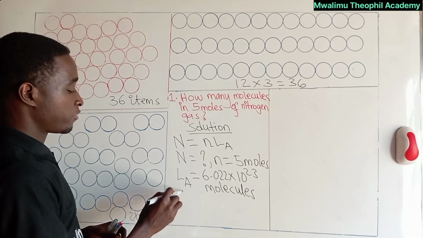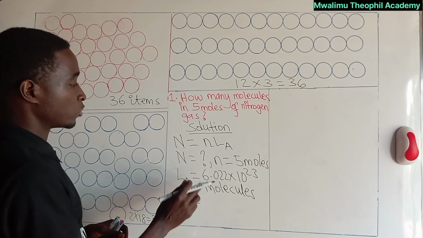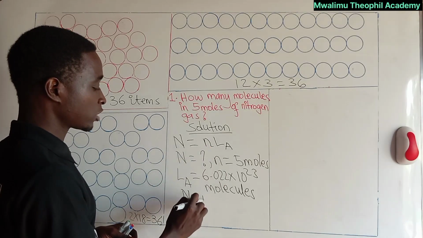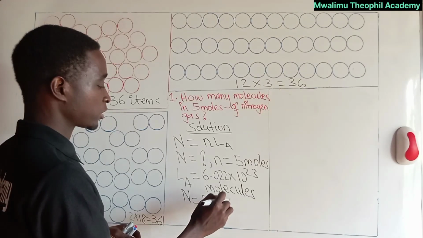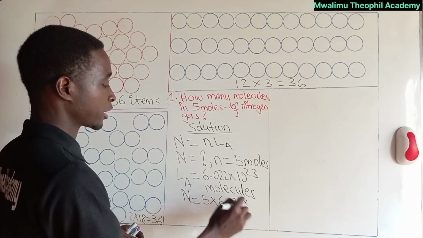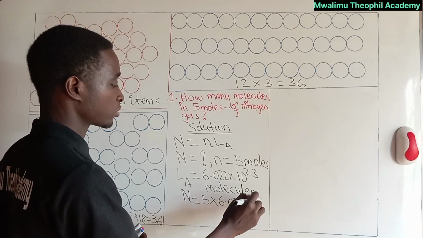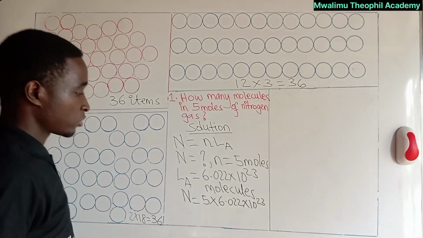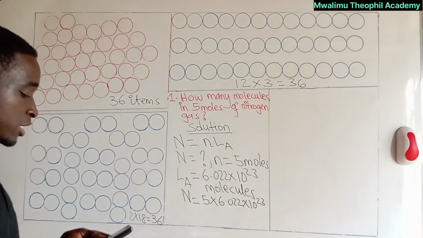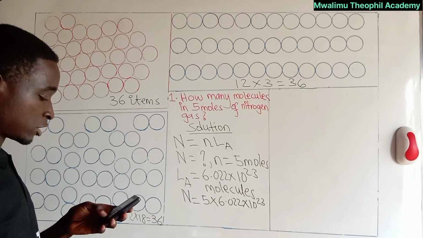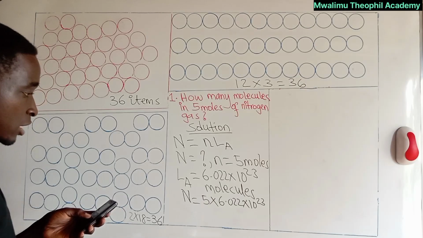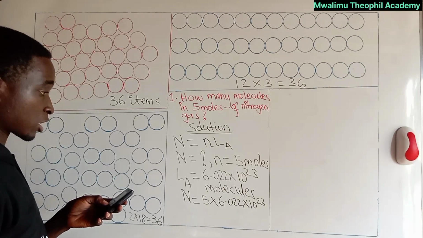Now the value of N will be equal to small n, which is moles, 5, times Avogadro's constant, which is 6.022 times 10 raised to 23. How many molecules do we get? Let us compute. Here we have 5 times 6.022 times 10 raised to 23.